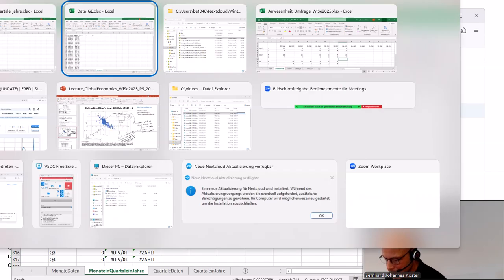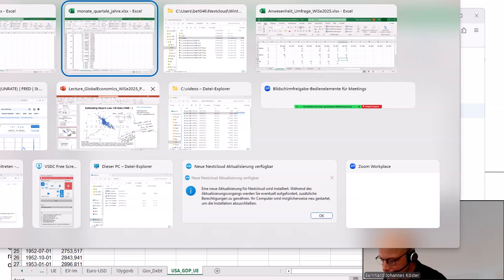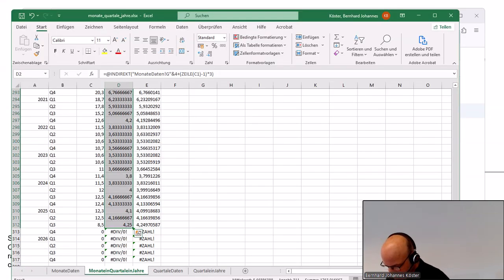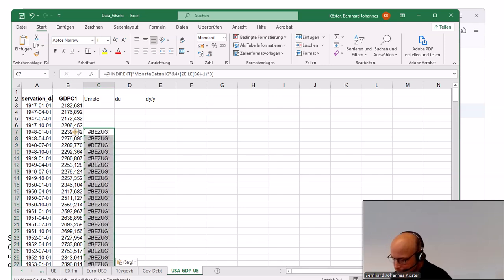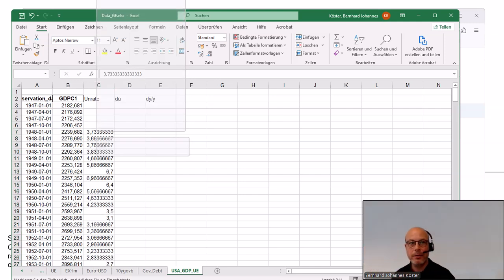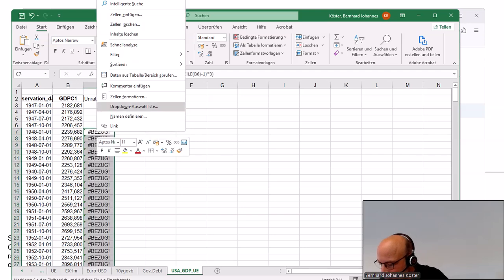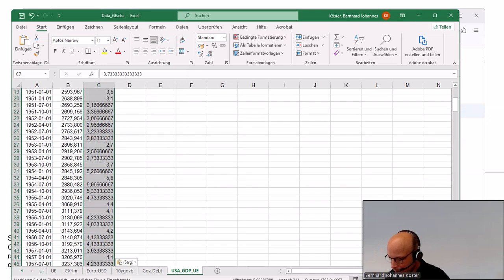And here from 1948. Again, copying, and no, then I have to fill in just the values because now it's a formula. So now we have it.